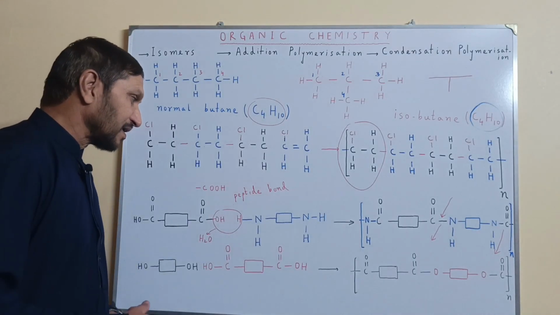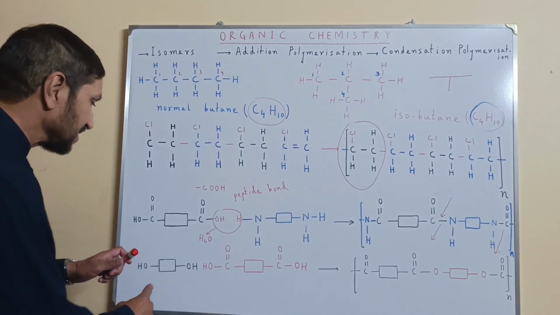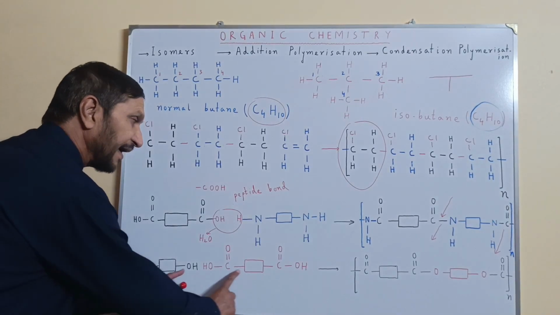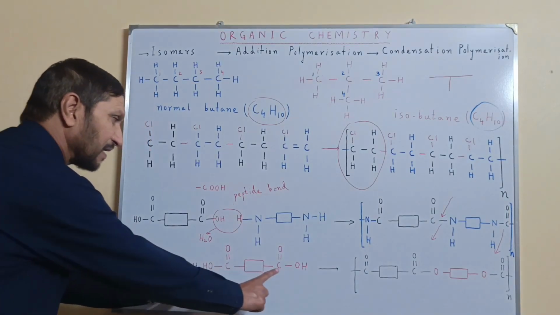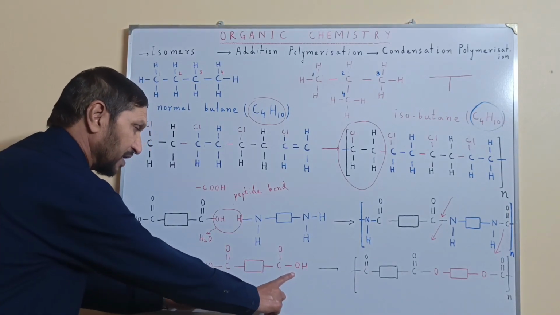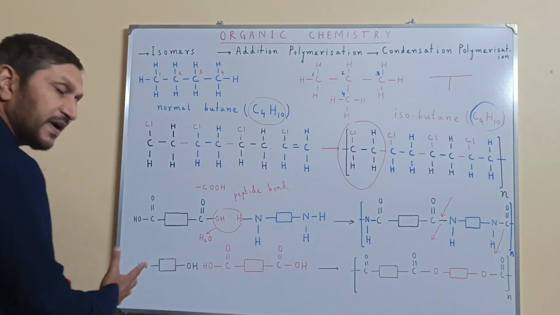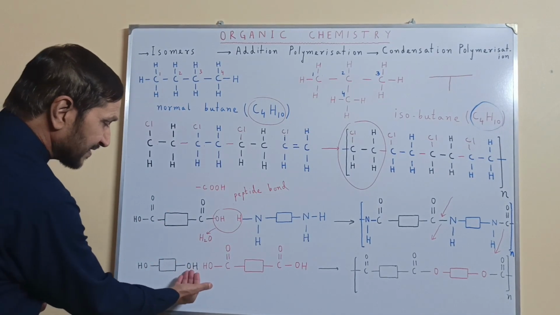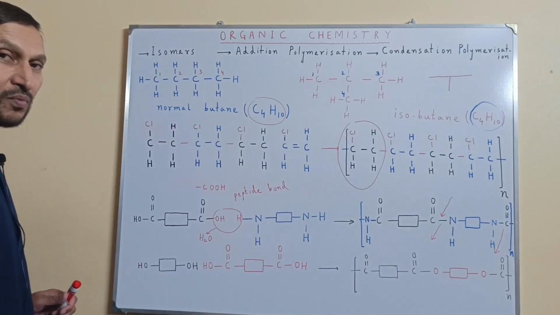Another example of condensation polymerization is the polymerization between dialcohol and dicarboxylic acid. Dialcohol is this one and dicarboxylic acid is this monomer. So two monomers are being used. One is dialcohol, because on one side it is an alcohol OH group, and on the other side it is also an alcohol group.